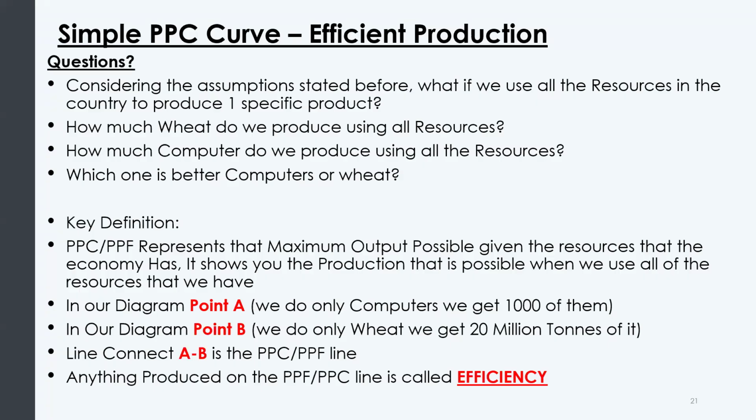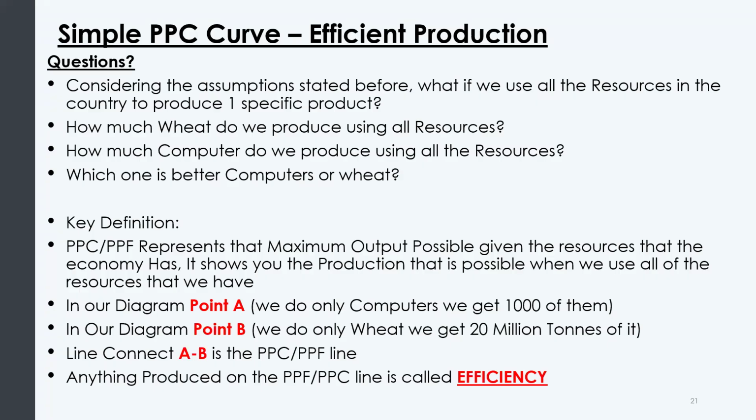So everything that we learned in unit number 1 can be presented graphically, can be presented through workings, through the production possibility frontier or the production possibility curve. PPC or PPF is the same word, right?